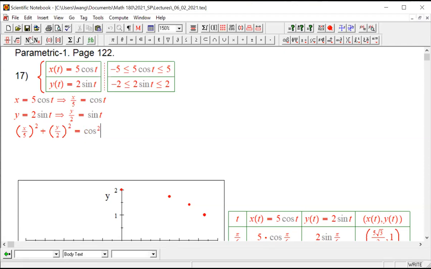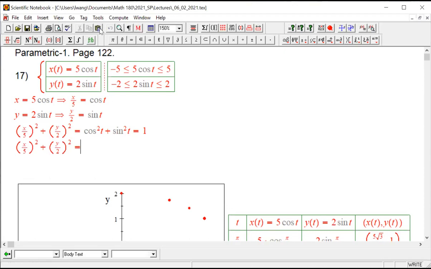Okay, so cosine squared t plus sine squared t. You see that basic identity in trigonometry is used, right? And then we got t disappeared. This is an ellipse.